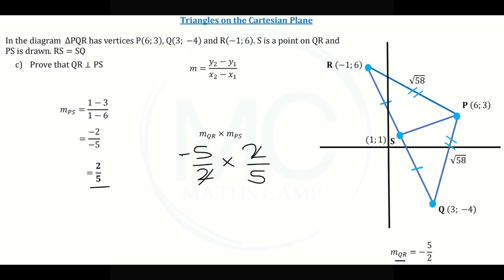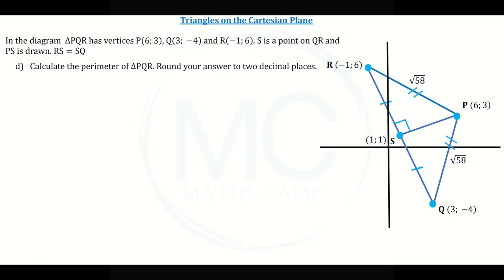Now the 2's will cancel, the 5's will cancel, and we're left with negative 1 multiplied by 1, which is equal to negative 1. So QR is perpendicular to PS. Let's draw a square angle at S on our diagram to show a 90-degree angle. And now we can move on to part D.